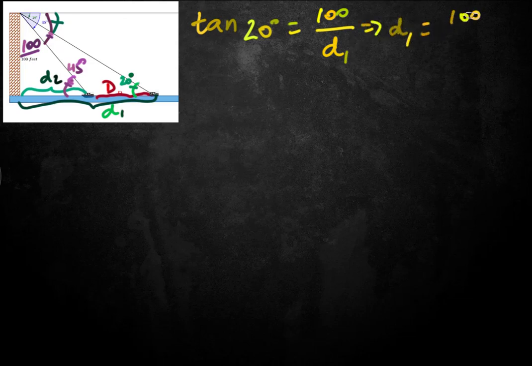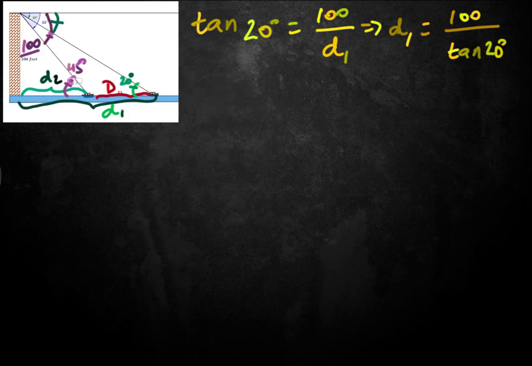So we can say tangent of 20 degrees is the opposite side, which is the vertical part of the building, 100 feet, over D1, the adjacent.